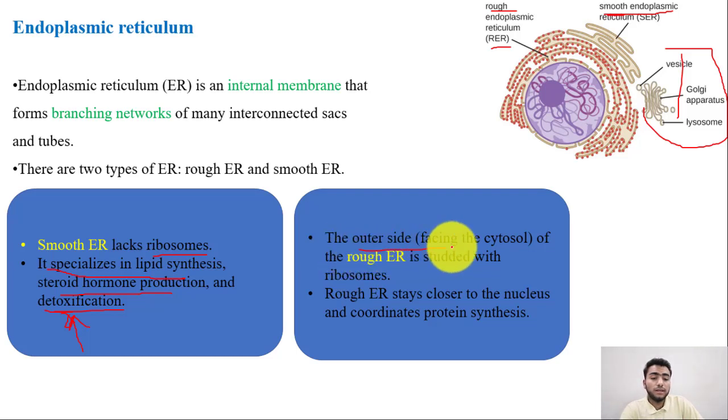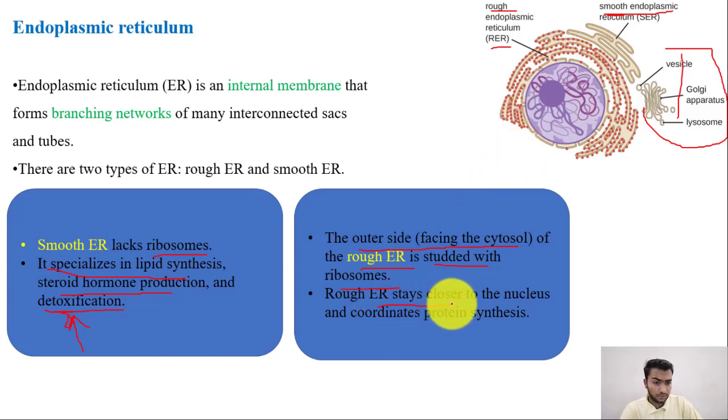The outer side, facing the cytosol, of the rough endoplasmic reticulum is studded with ribosomes. So guys, have you noticed that these red dot-like structures are basically ribosomes, and these are found in the vicinity of a rough endoplasmic reticulum.